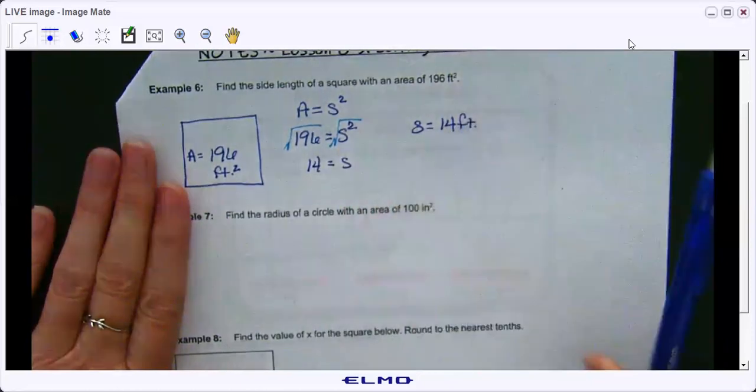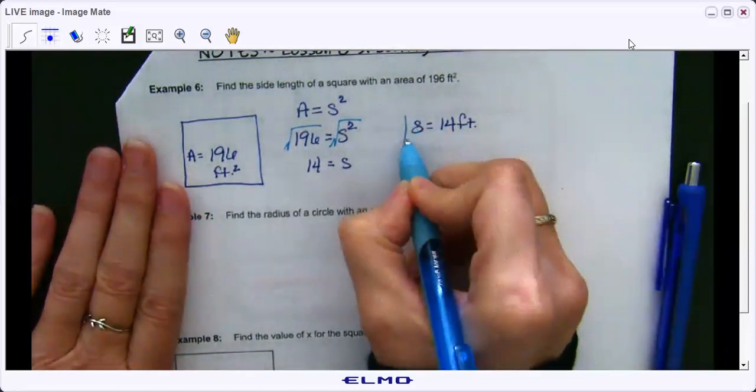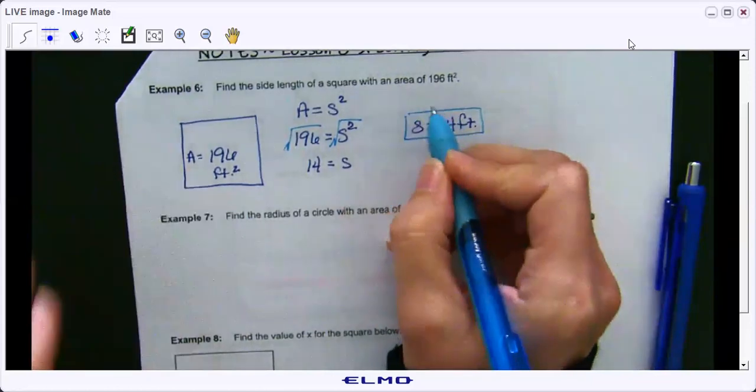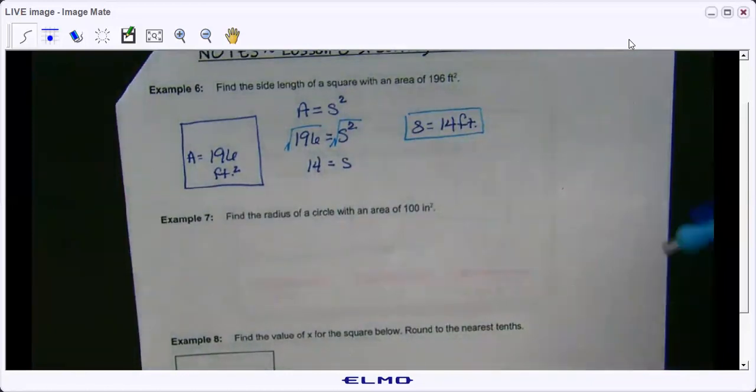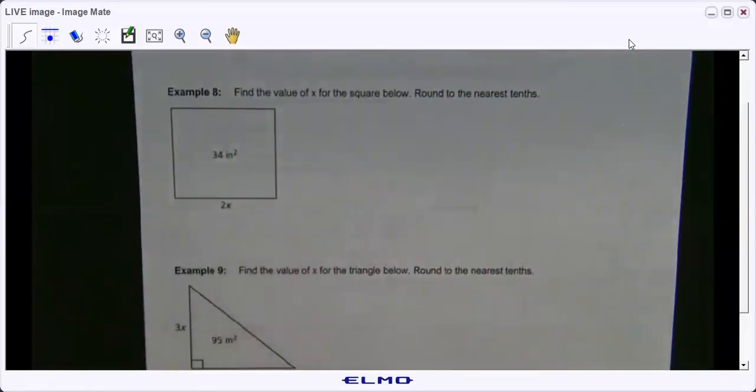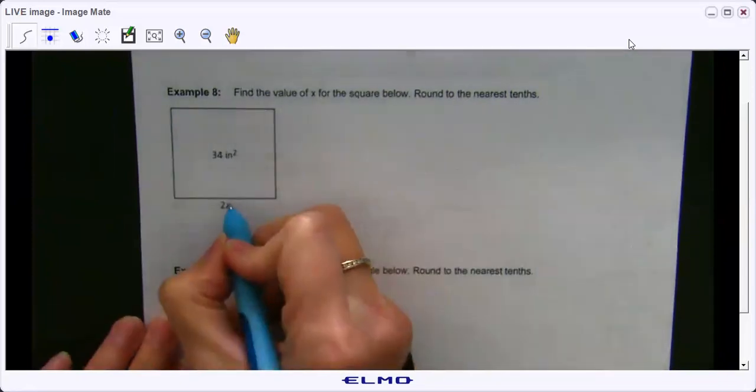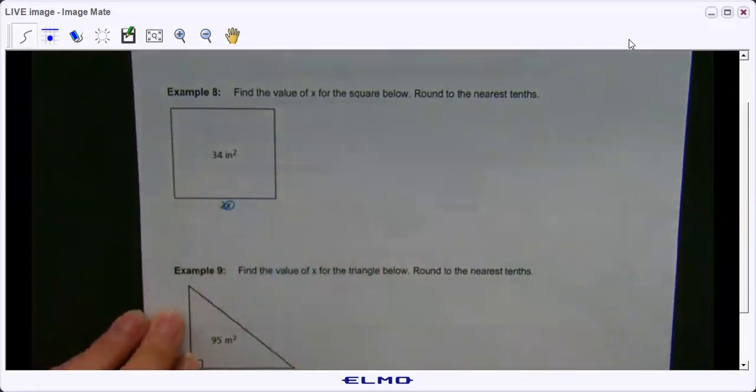Okay, so now let's go down. I'm gonna skip 7 and I'm gonna go straight to 8, but I'll go back up to 7 in just a minute because this one deals with another square. So this time we're gonna find the value of x right here and the square.